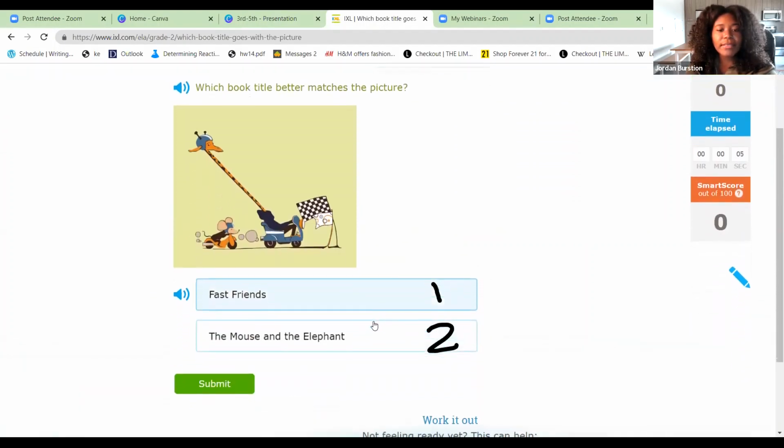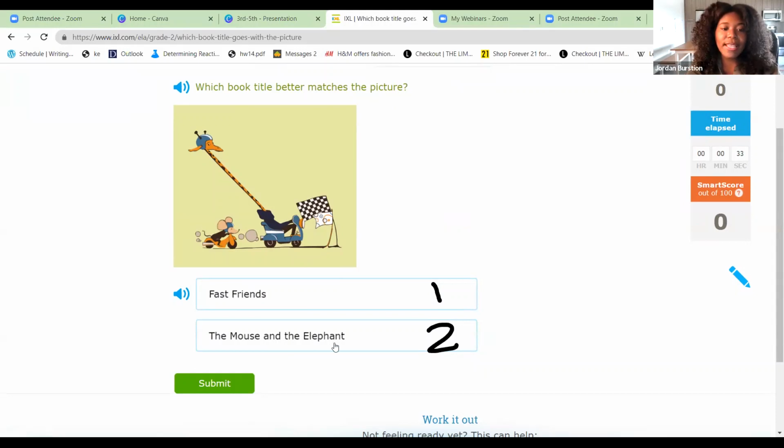All right. And Emery, you're doing something called using context clues. So they're not telling you what's going on, but you're looking at the characters, you're looking at the setting, and you're making your best guess of what title will go with it. So that's a really important skill when you're trying to answer questions during a reading quiz.